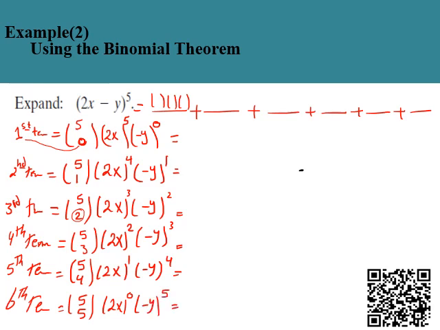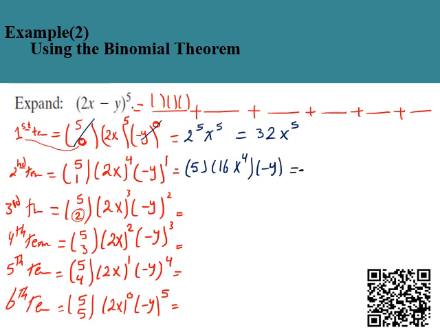So let's simplify it. We notice that 5 above 0 is 1, and negative y to the power of 0 is 1, so it's 2x to the power of 5, and notice that it's also 2 to the power of 5 and x to the power of 5, so it's 32x to the power of 5. Then 5 above 1, which is equal to 5, and 2 to the power of 4 is 16x to the power of 4 multiplied by negative y.